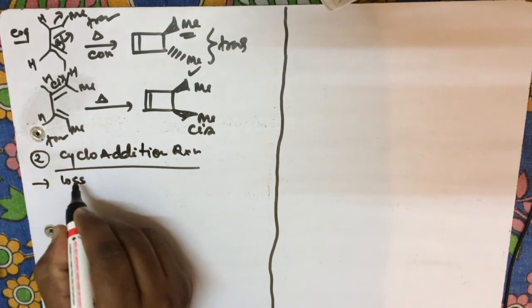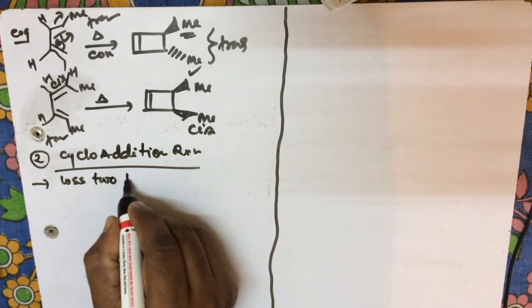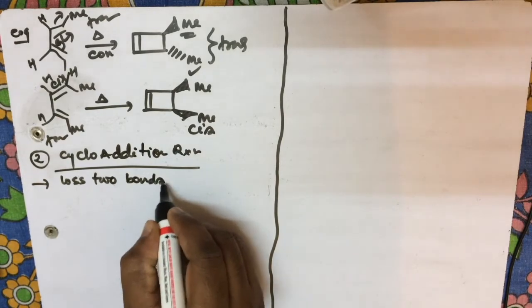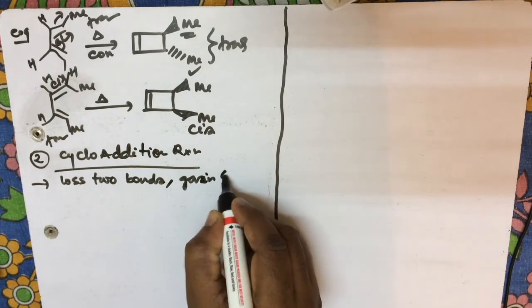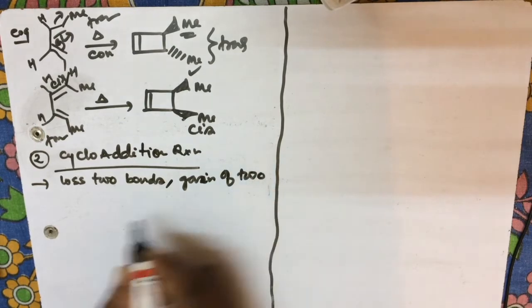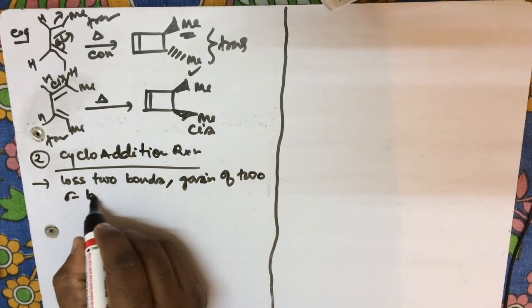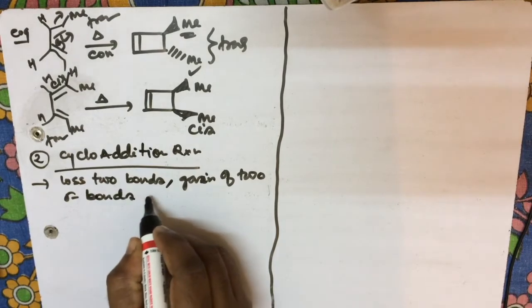So here also, loss of 2 pi bonds and gain of 2 sigma bonds takes place, okay.